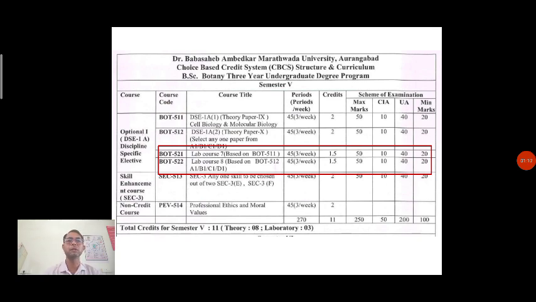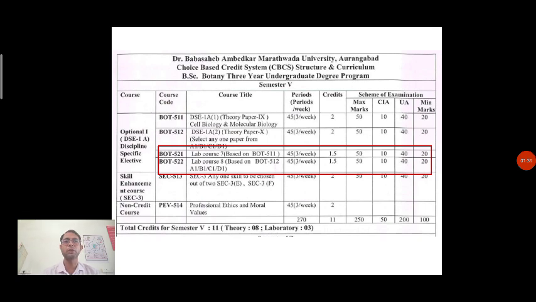Here we can see 45 lectures are given in total, that is 3 lectures per week, and it has 2 credits each. This paper has 50 marks as the maximum marks, and this maximum of 50 is divided as a CIA, continuous internal assessment, for 10 marks, and the university assessment for 40 marks.